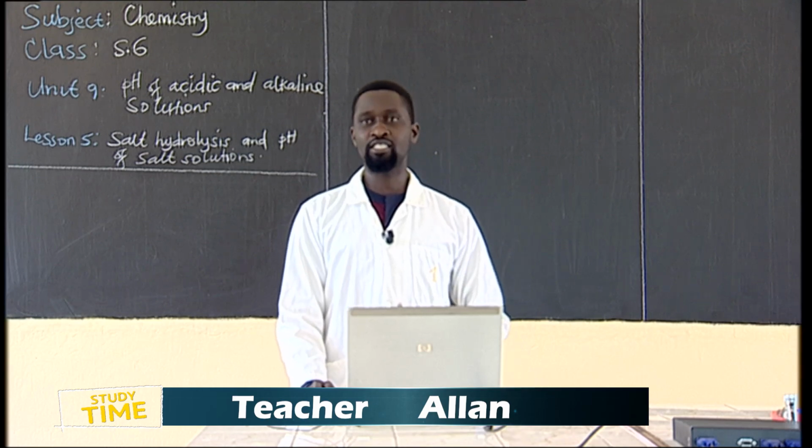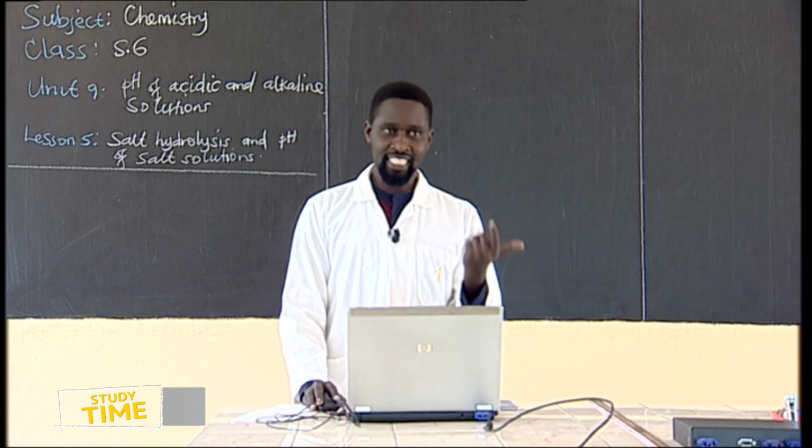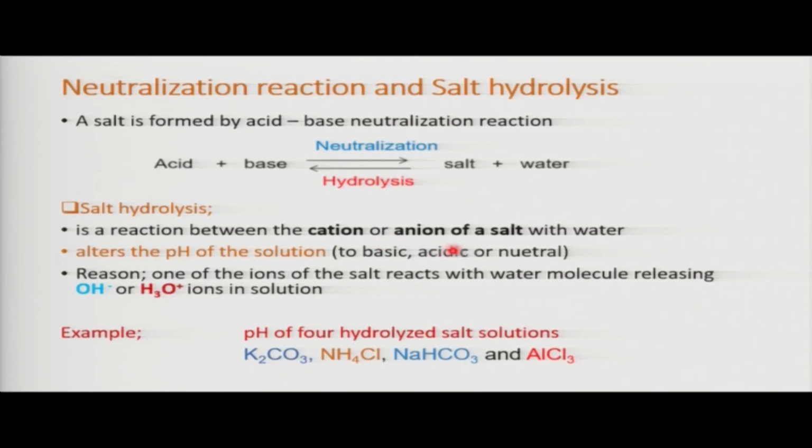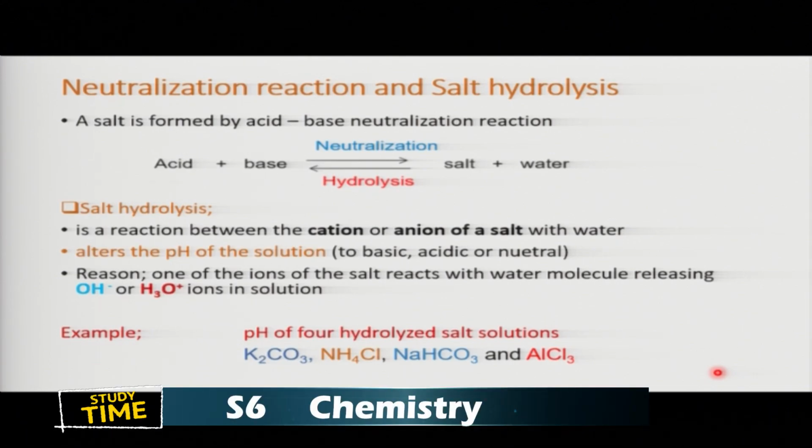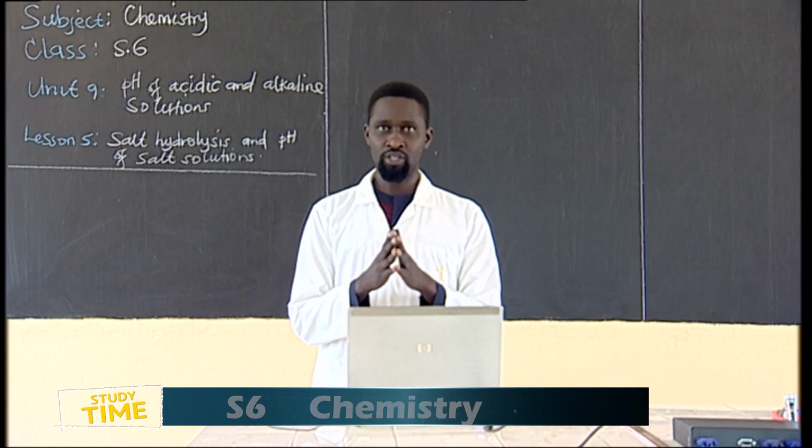Hydrolysis is a reaction of the cation or anion of a salt with water. We shall go deeper into details to look at the cation and the anion of the salt. A point to note is that when the hydrolysis reaction occurs, there is a change in the pH of the solution.